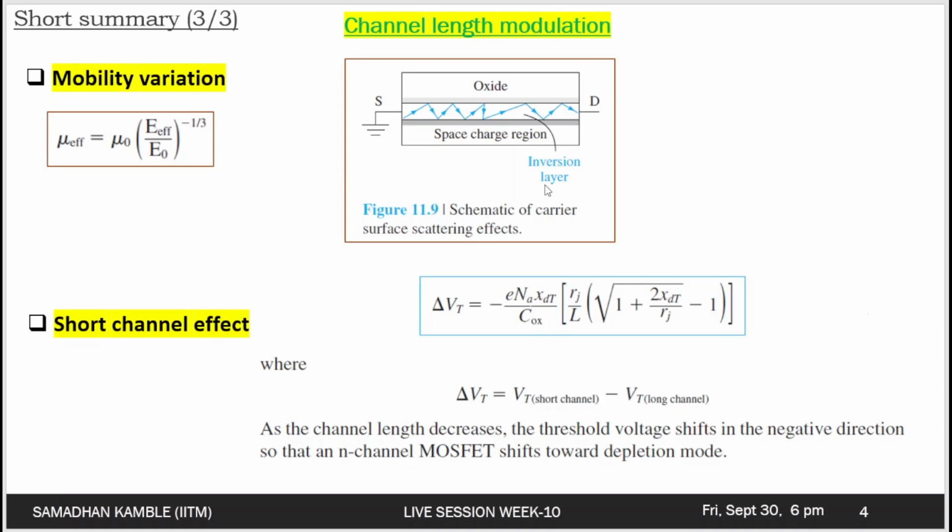However, this assumption must be modified for a couple of reasons. The first effect to be considered is the variation in mobility with gate voltage. And the second reason for a mobility variation is that the effective carrier mobility decreases as the carrier approaches the velocity saturation limit. And this effect is discussed here.